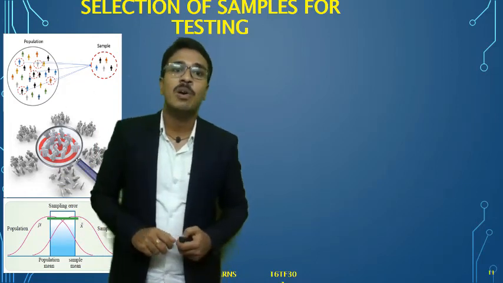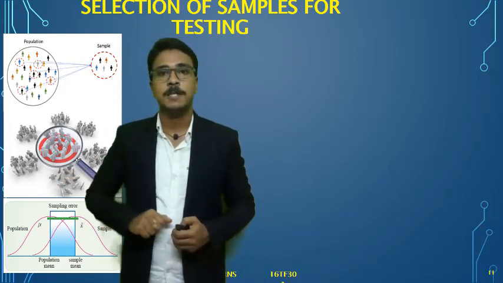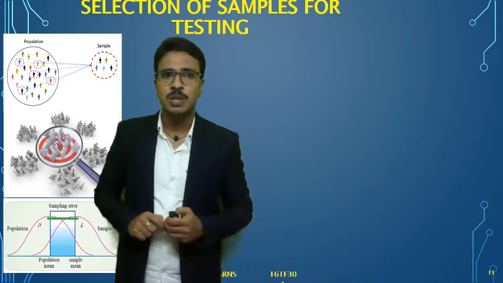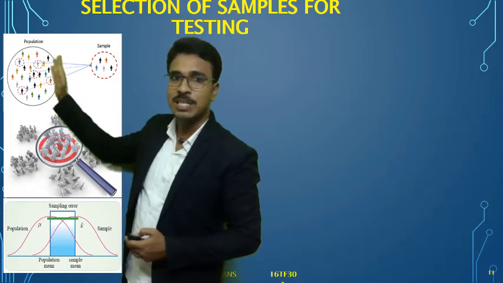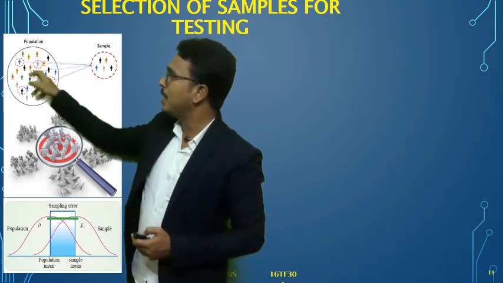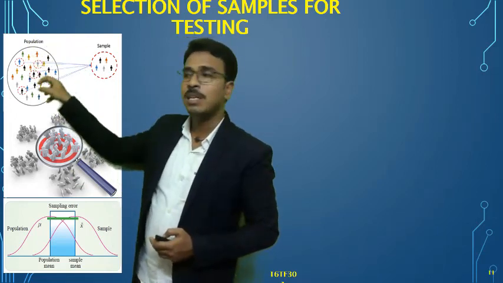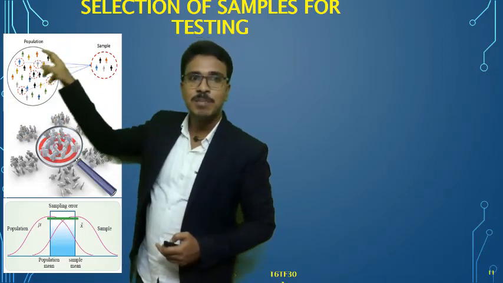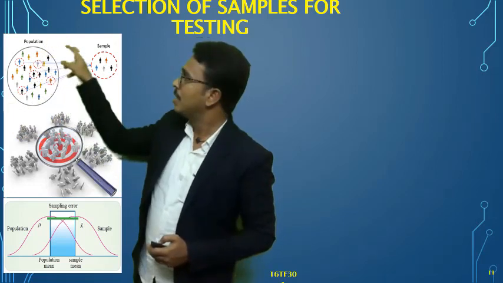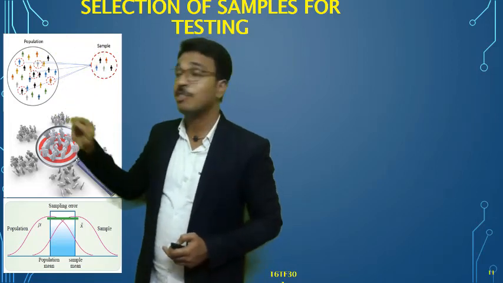Here in this image you can see the first one, where from the entire population, that means 1000 kgs of yarn is your population, you are selecting your samples.